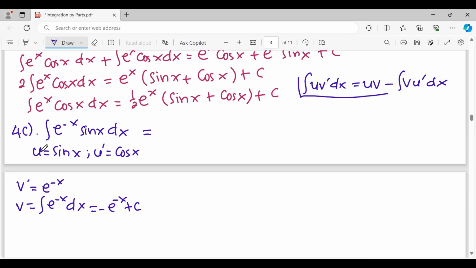So u times v is sine x times minus e power minus x plus c, minus the integral of v, minus e power minus x, times derivative u, cosine x, dx.